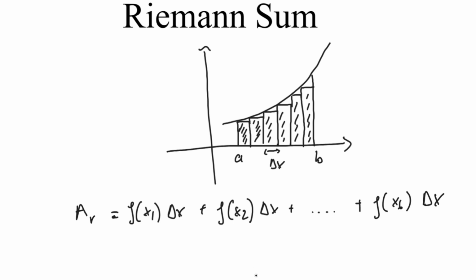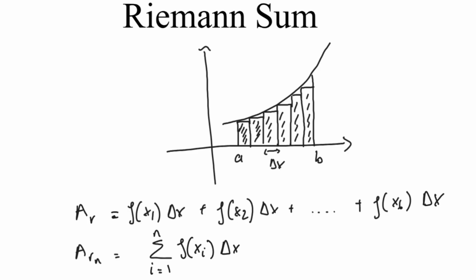Because we have 6 rectangles, the total area is the sum of the areas of the 6 rectangles. But if we have n rectangles, it will be the summation of i from 1 to n of f of xi delta x.